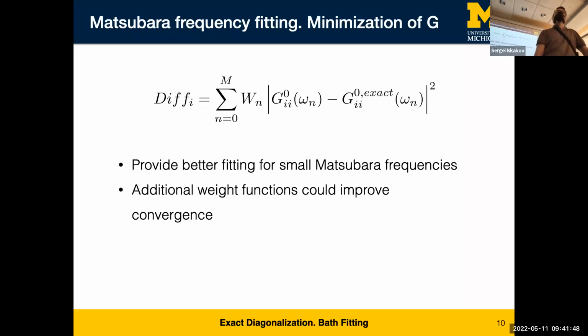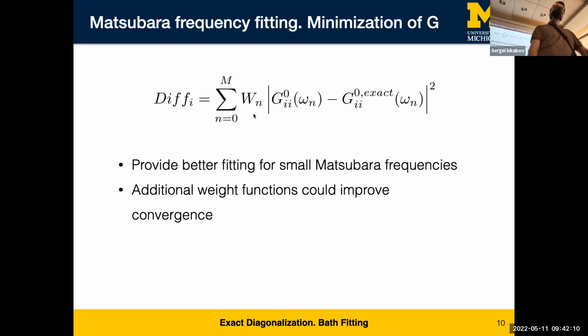For that, you have this difference, and you have this Wn as a weight function for each Matsubara frequency, with the Matsubara frequencies running from 0 to some fixed m.